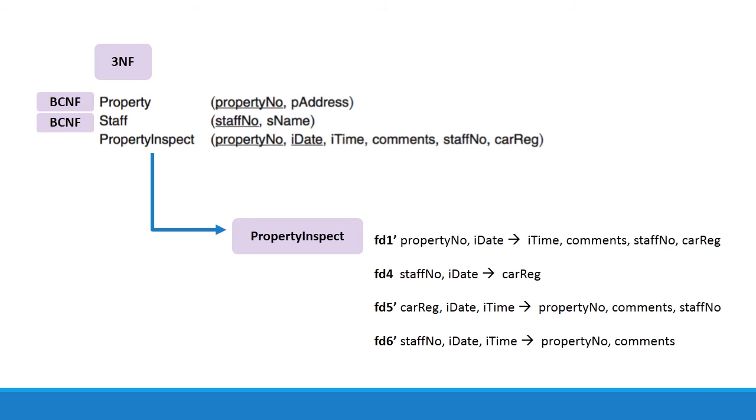The first and second relations already satisfy BCNF. Property only has property number as the primary key. Staff only has staff number as the primary key. But how about the property inspect? From the property inspect, we still have functional dependency 1, 4, 5, and 6.